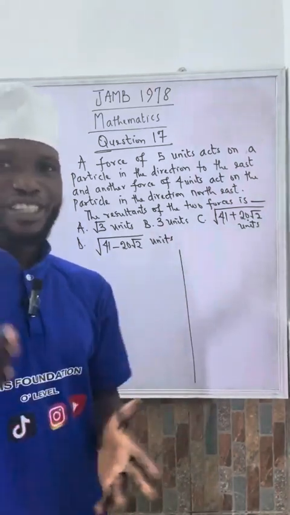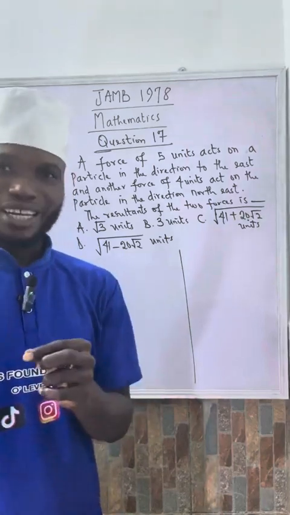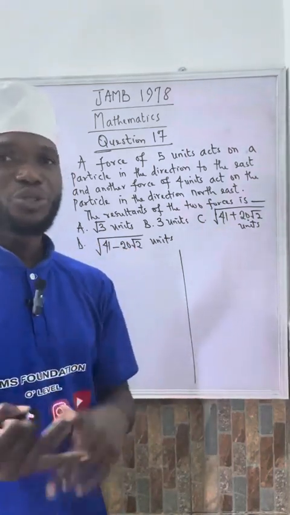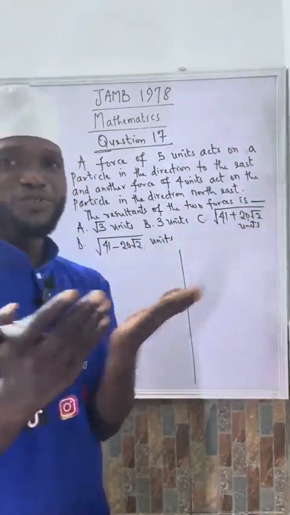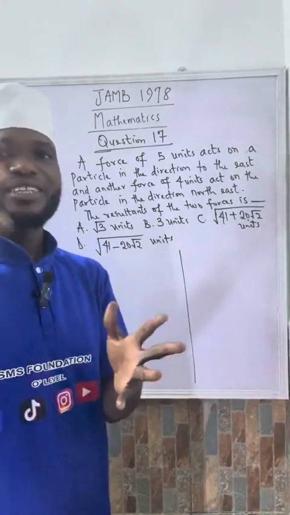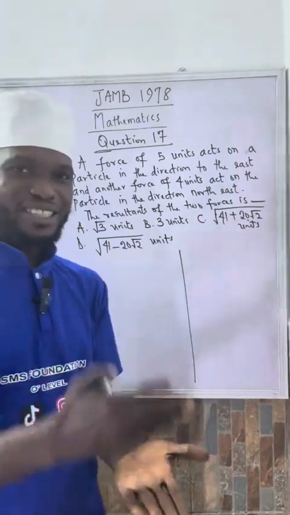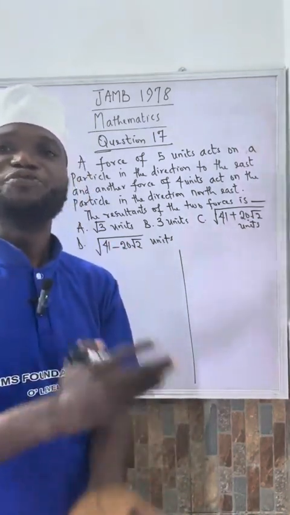You know, in mathematics, especially further mathematics, there is a topic called mechanics. Under that, you do topics like composition and resolution of force, equilibrium of forces. So this is where both physics and mathematics relate. This is clear evidence that you should not let further maths deceive you.